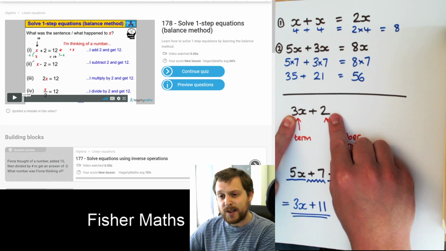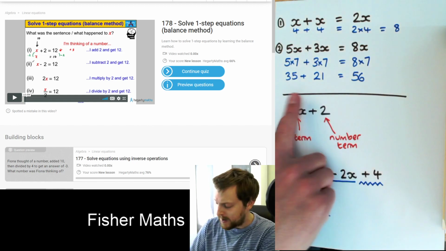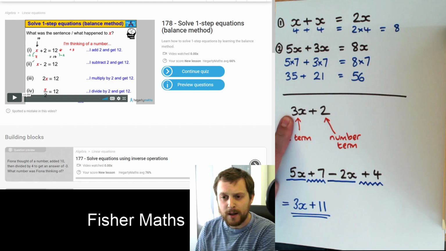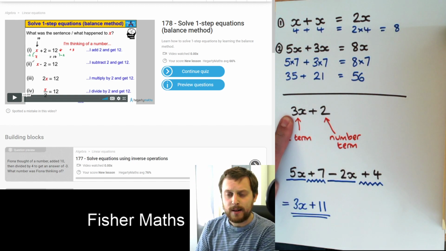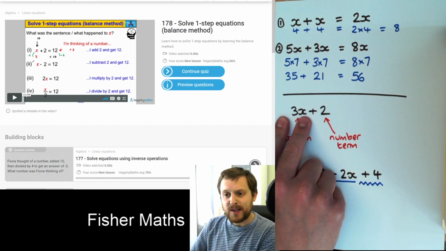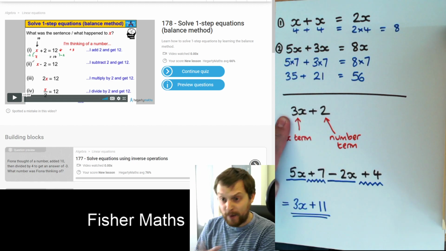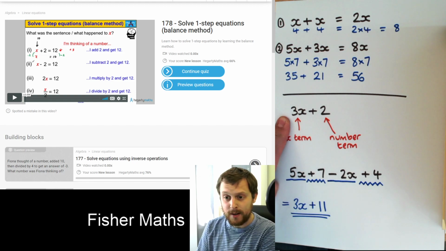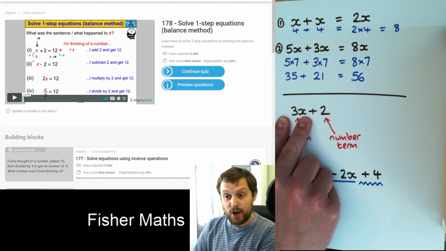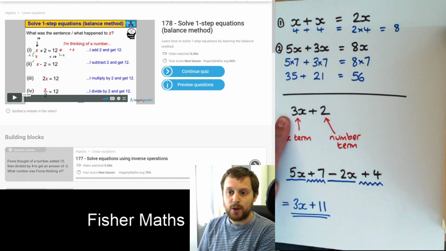If x is 10, for example, remember at this stage where I've not got any equal signs going on, it's just an expression. I can pick anything I want for x. If x is 10, I do 3 times 10 first because of BIDMAS. Do the multiplication before I do the addition. 3 times 10 is 30, and then add 2 is 32.